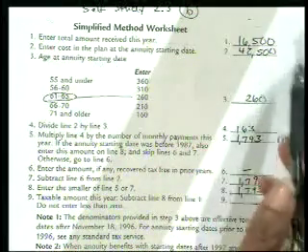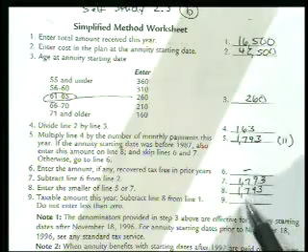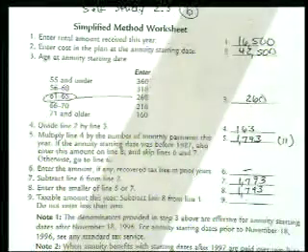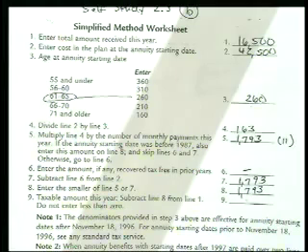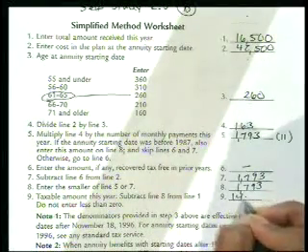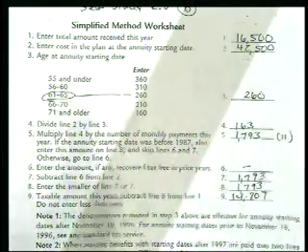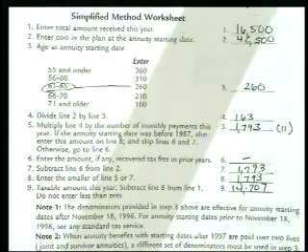So we're going to take his $16,500 minus the amount he gets to exclude. And so the amount that's going to be taxable to him is going to be $14,707. That's going to represent the amount that is going to be taxable to him.